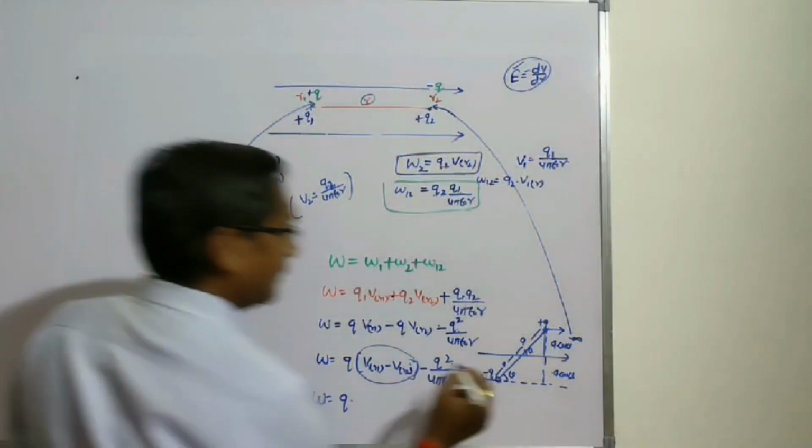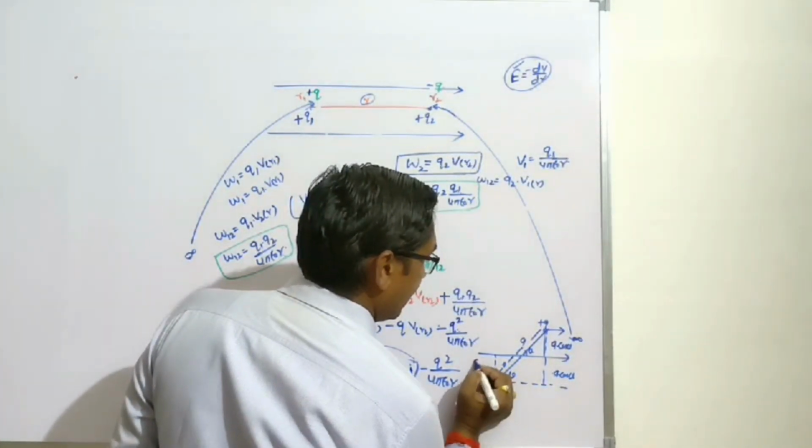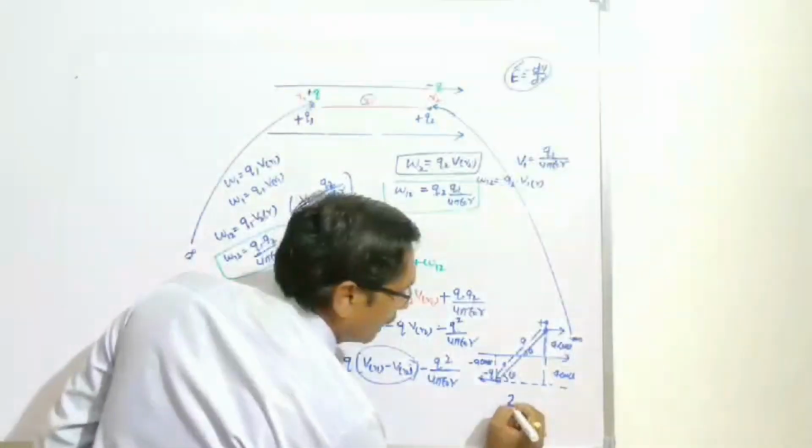It means this distance is called minus 2A cos theta, because it is A cos theta and it is minus A cos theta. The separation between them is 2A cos theta.